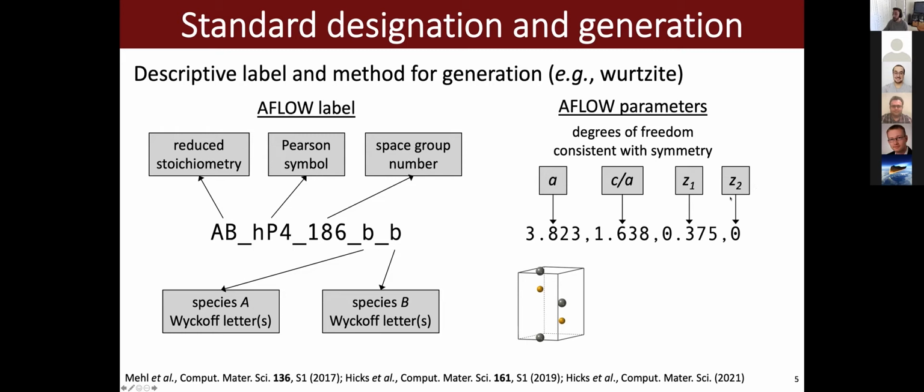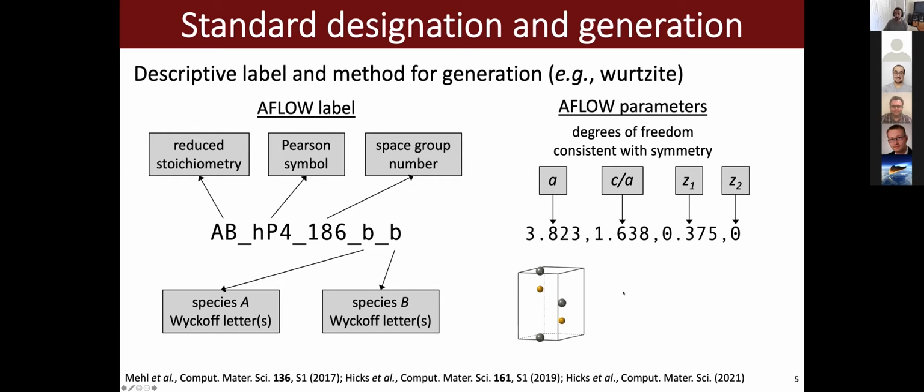The other degrees of freedom are the Z Wyckoff coordinates. For Wyckoff letter B the degree of freedom is Z, and we have 2 B's, so 2 Z's. These are the degrees of freedom we need to specify to generate a geometrical structure, and then we can generate the structure based on this label.